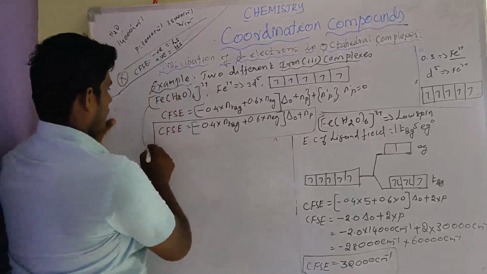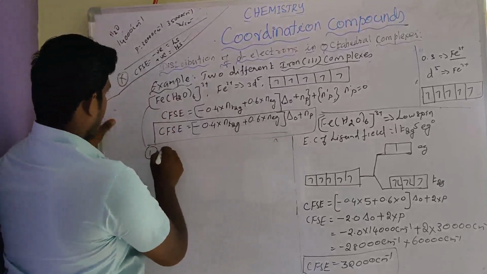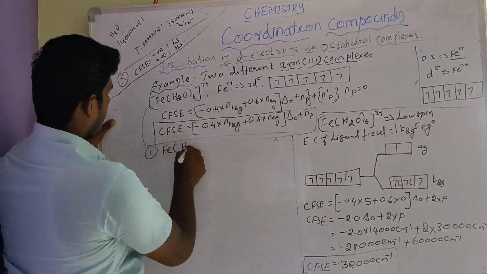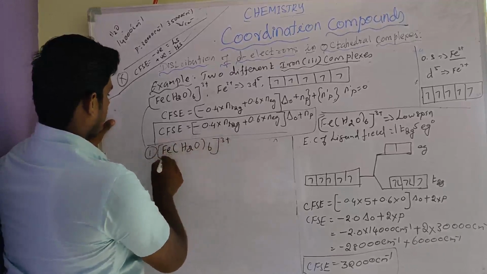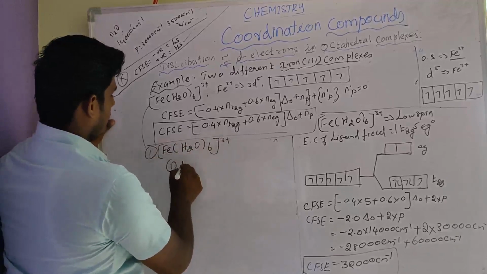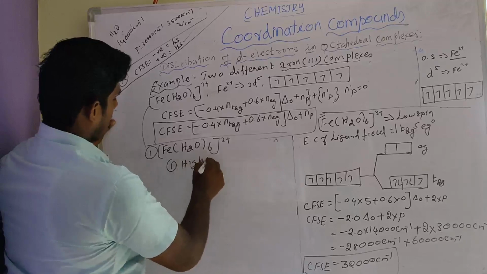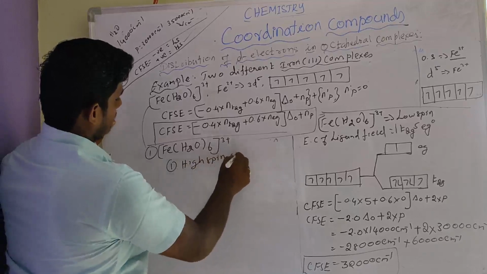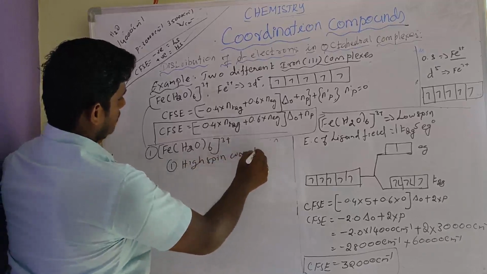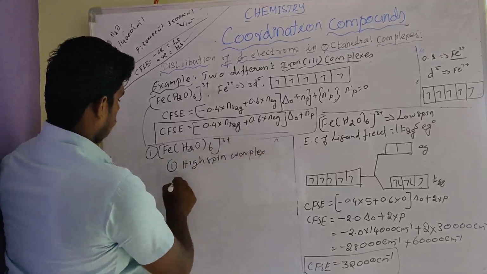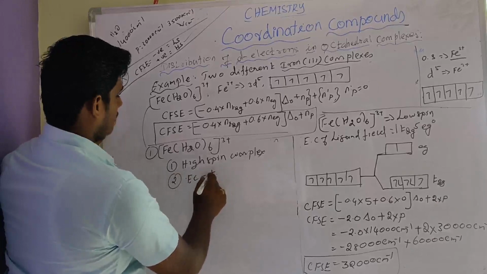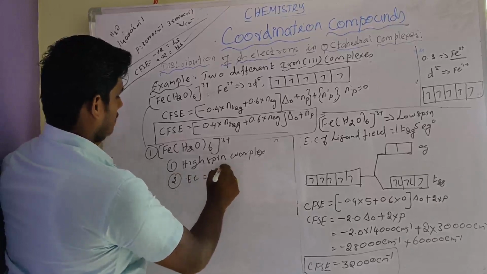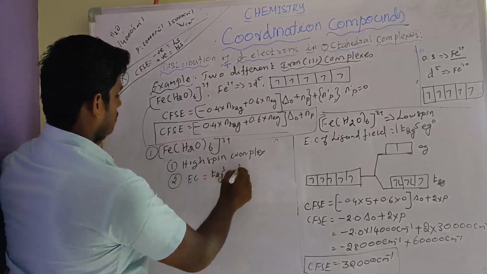So finally, point number 1, Fe(H2O)6 3+ exhibits a high spin complex. Point number 2, electronic configuration t2g3 eg2.